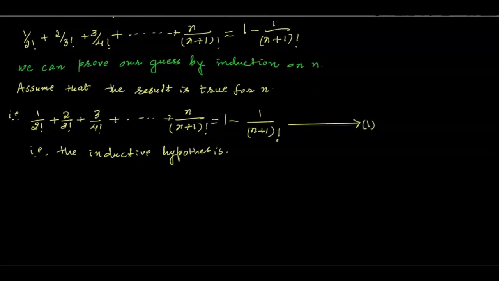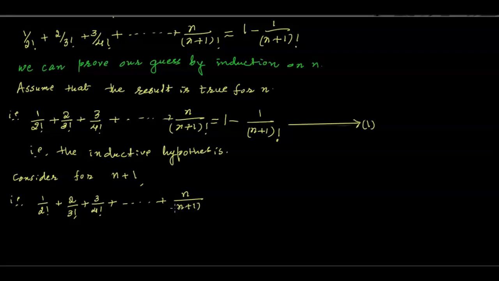Now consider the left hand side for n plus 1, that is 1/2! + 2/3! + 3/4! + ... + n/(n+1)! + (n+1)/(n+2)!.